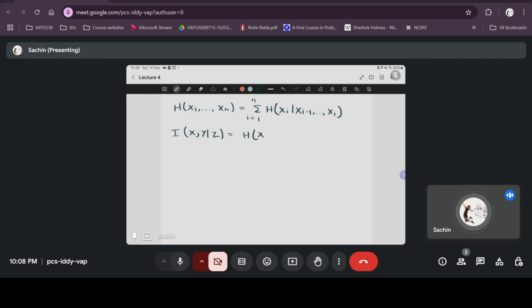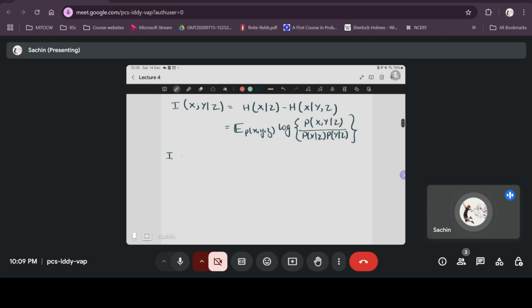I of X, Y given Z is H of X given Z minus H of X given Y and Z, which can also be written as the expected value of log of p of x, y given z by p of x given z times p of y given z.